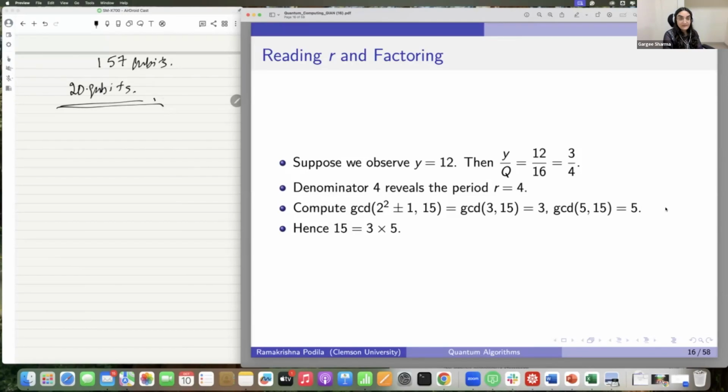If you have just 10 qubits, you can encode from 0, 1 up to 1023. And with 11 qubits, it goes up to 2047 and so on. So it just increases exponentially.